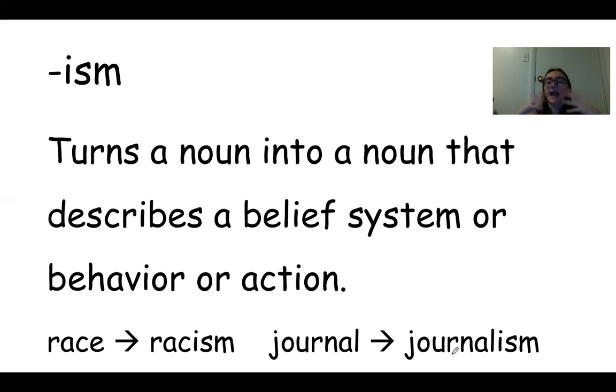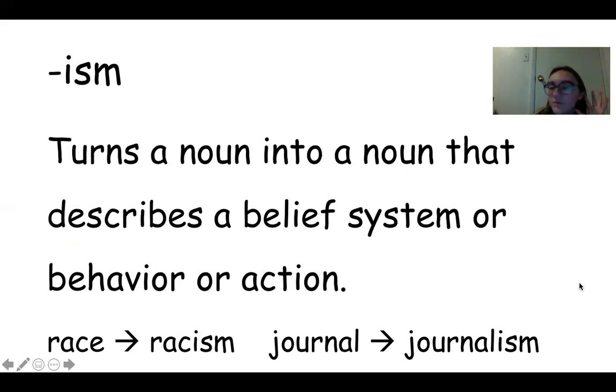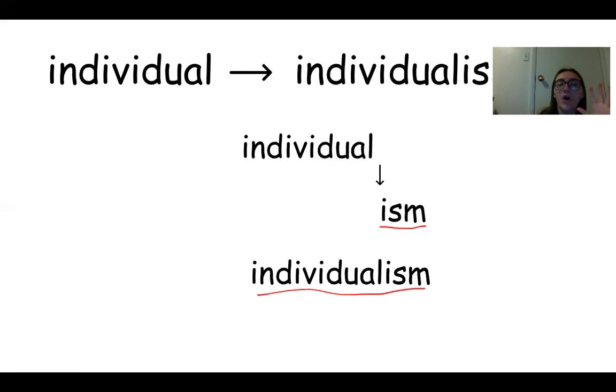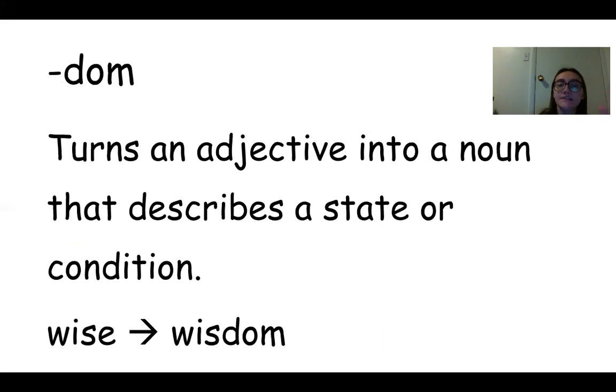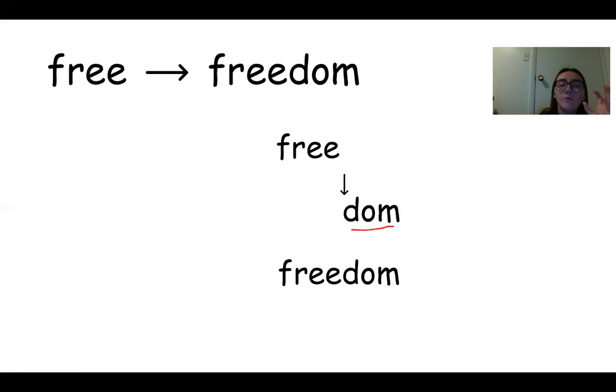Journalism is the action, right? It's the way of approaching situations to record things that are happening. So that's why you add the ism. It turns it into a noun. Journalism, racism. What was the other one? Collectivism, individualism.